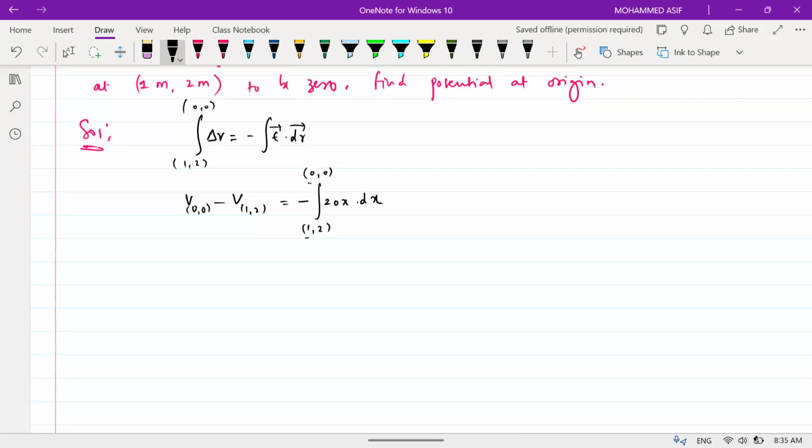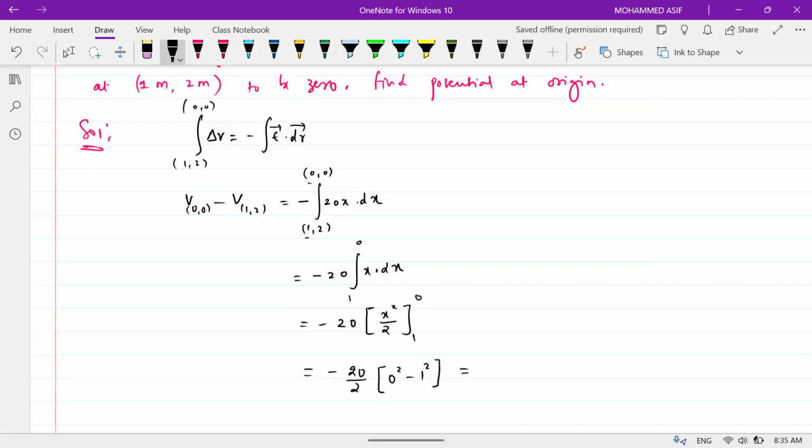So this will be equal to minus 20 outside, integral of x dx. Only the x-axis is there, so coordinates will be 1 comma 0. It is minus 20, integral of x dx is x square divided by 2, limits 1 to 0. So it is minus 20 divided by 2, upper limit minus lower limit, 0 square minus 1 square.